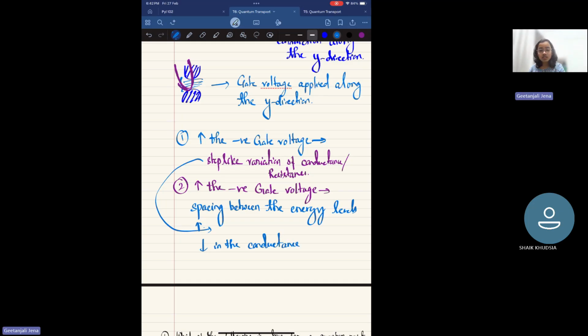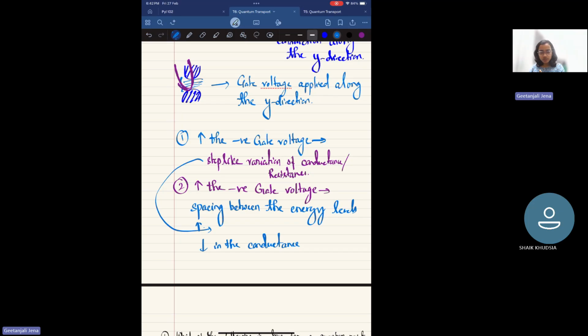which we have also seen in the quantum Hall effect. If we recall, when we increase the magnetic field, the Landau levels below the Fermi level pass through this Fermi level, and because of that the number of occupied Landau levels decreases, and the conductance also decreases. The similar effect is happening here.